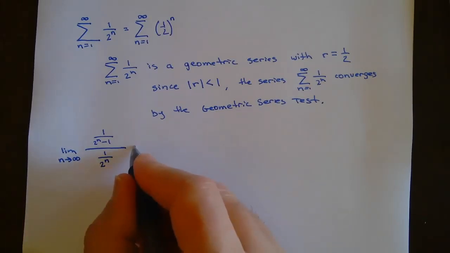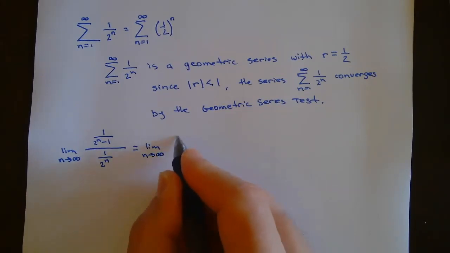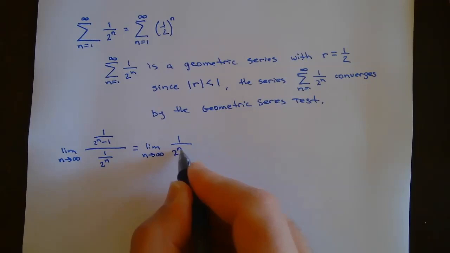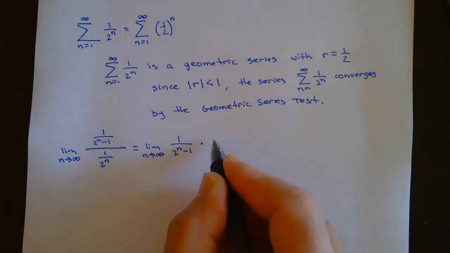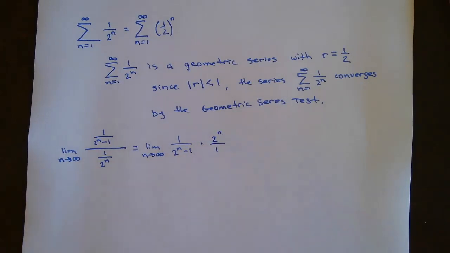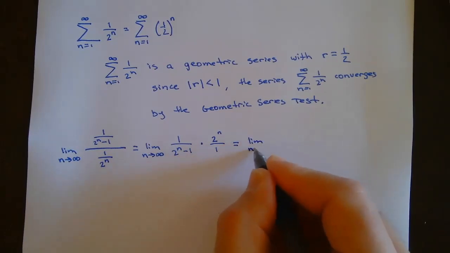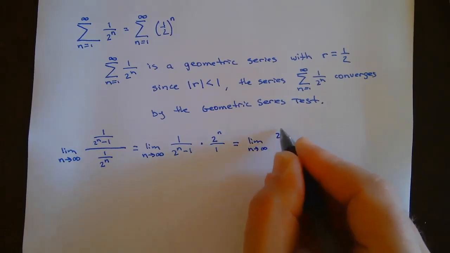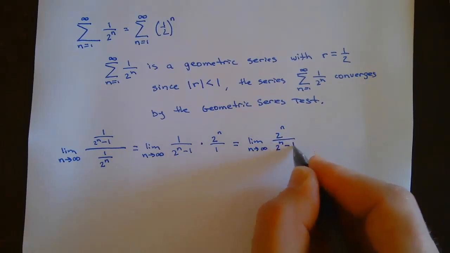That's equivalent to the limit as n approaches infinity of 1 over 2 to the n minus 1 times 2 to the n over 1, because I have to flip my fraction. That's equivalent to the limit of 2 to the n power over 2 to the n power minus 1.